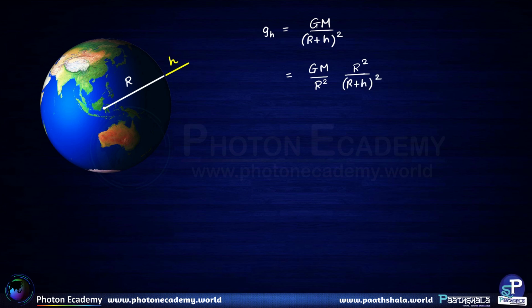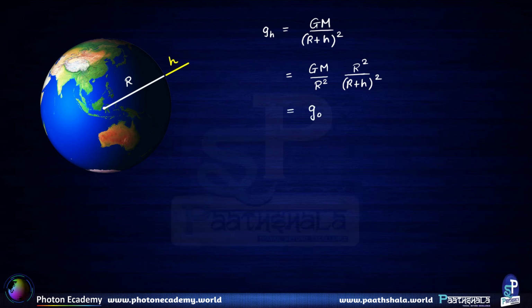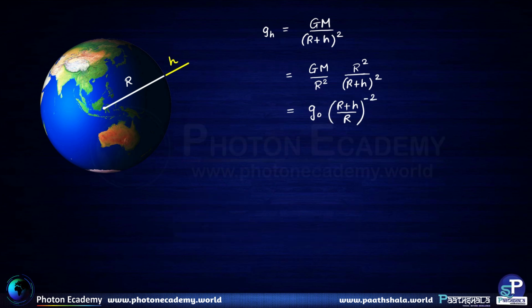GM upon R square is nothing but the acceleration due to gravity at the surface of the Earth. So basically I label it as g naught, and this particular quantity, I am going to invert and write it down as ((R plus h) upon R) whole raised to minus 2, is equal to g naught (1 plus h upon R) whole raised to minus 2.